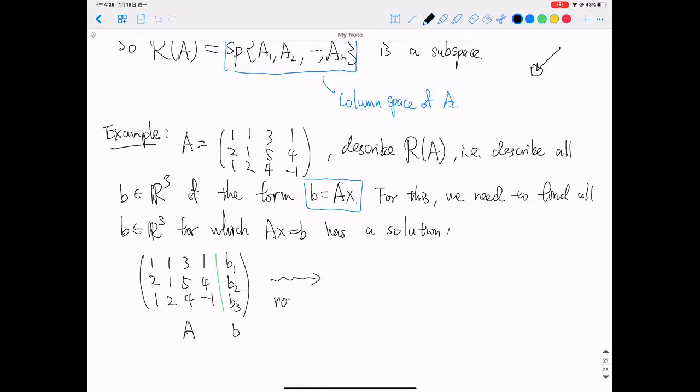You will be able to find the correct row operations and turn the augmented matrix into reduced row echelon form, which will be the following.